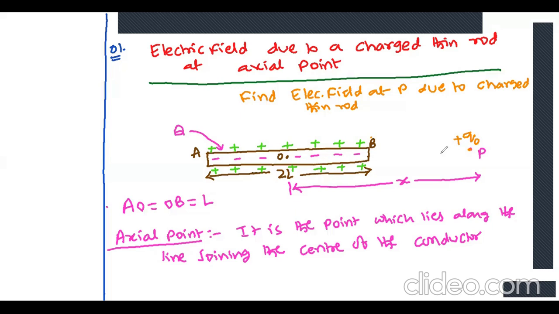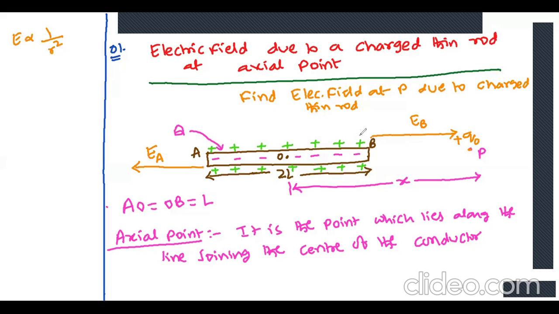Since here distance is less, electric field is proportional to 1 by r square. As r is small, electric field is more. So, electric field due to B will be more. As distance from A is more, electric field will be less.